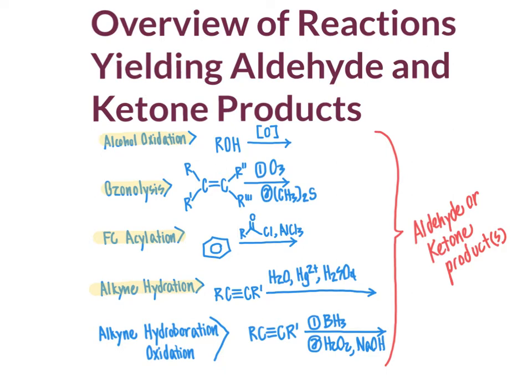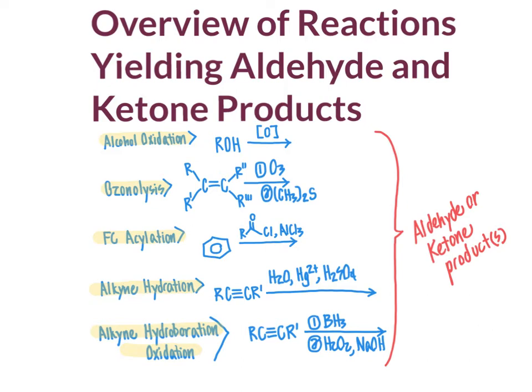We were able to create an aldehyde or ketone as the major product there. And as well, with an alkyne starting material, we could do hydroboration oxidation by reacting with borane, BH3, followed by H2O2 and sodium hydroxide to give ultimately an aldehyde or ketone product.